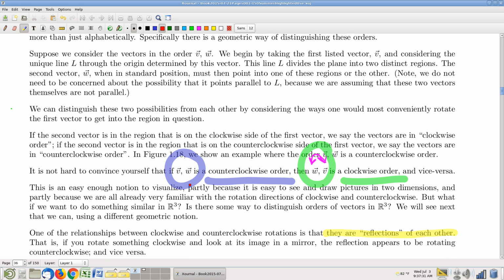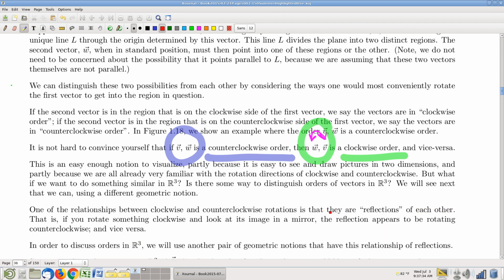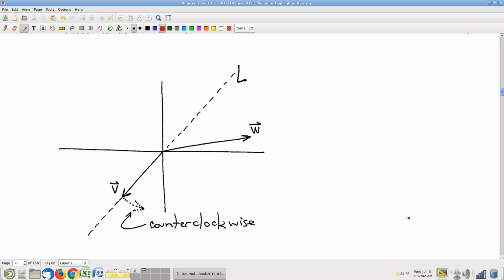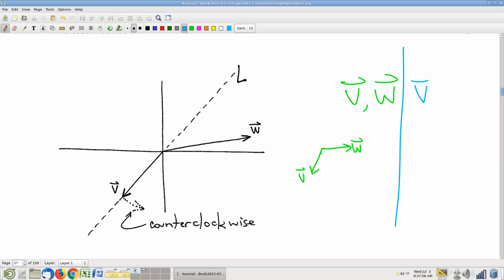Okay. Here's another kind of neat observation. These are reflections of each other. And what I mean by that is, if you look at a pair of vectors, let's say V comma W, right? And let's say V is like that and W is like that. If you were to reflect them to come up with V prime and W prime, right?